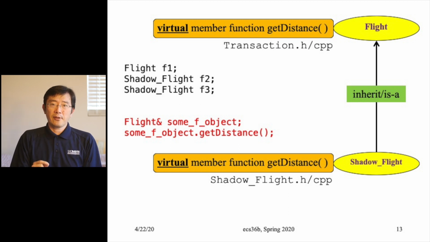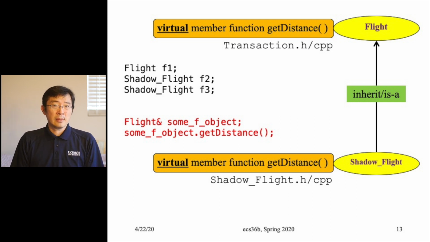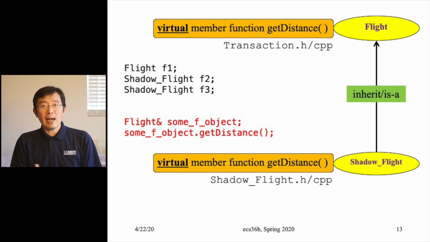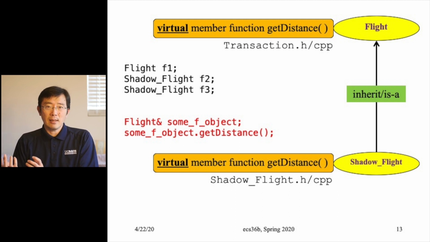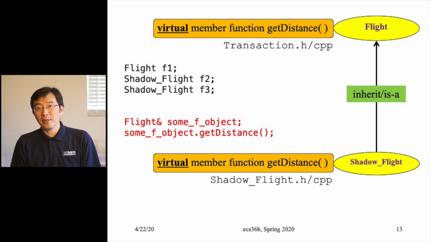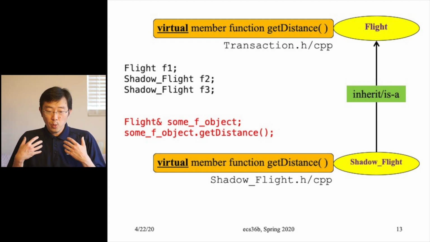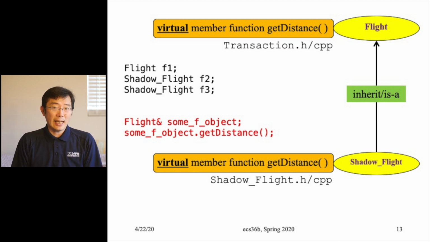But regardless of which version is invoked, there's one very important point I try to emphasize from the programming perspective: when you write the program, you don't actually have to know whether it's a shadow flight or a flight. You just call the object and you expect the correct implementation of the virtual function to take care of the rest of the mechanism. In some sense, you don't even know where the flight object is, but you will just call it as it is here as a local, and then you will actually get it done.